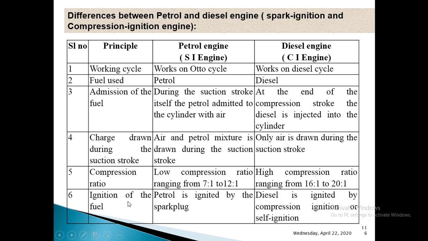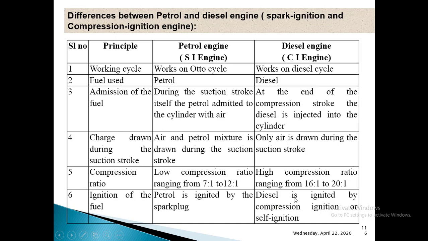Next, ignition of the fuel. You all know that in the SI engine, as the name suggests, petrol is ignited by the spark plug, whereas in the diesel engine, diesel is ignited by compression ignition, or you can call it self ignition. Here you can write compression ignition, that is enough. If you have a doubt regarding self ignition, no problem. It is the same as compression ignition.